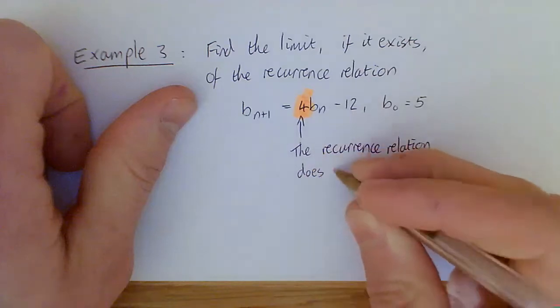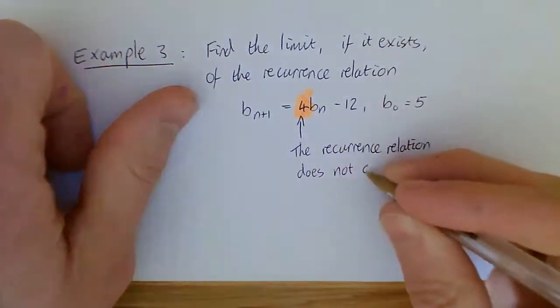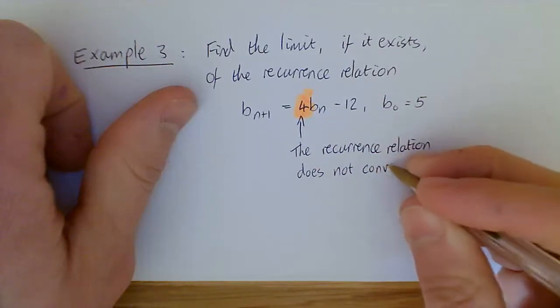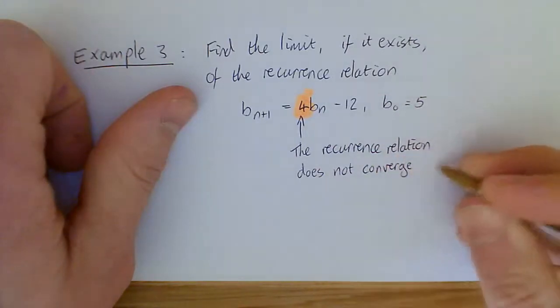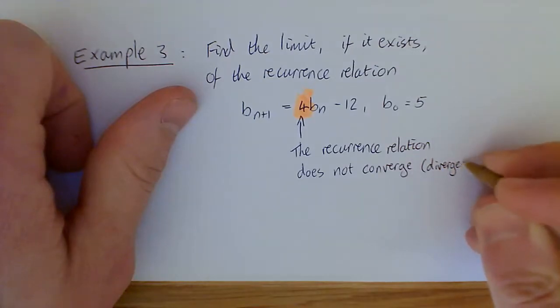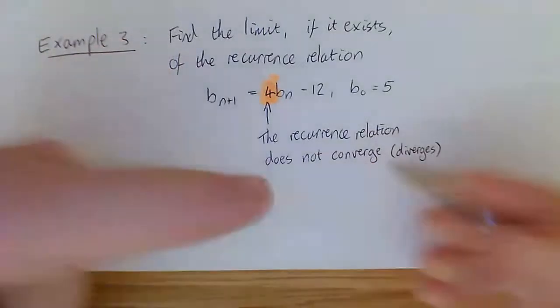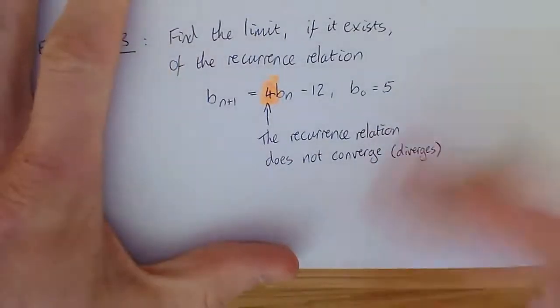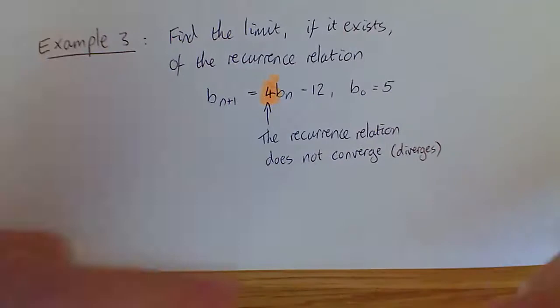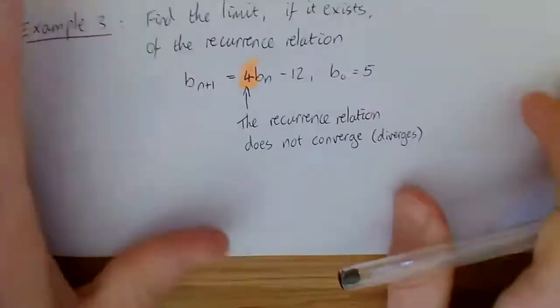So be careful. We need to always check that value. And the technical term for that in this case is diverges. There's a reason I've written does not converge. It could jump up and down between two values or get into a cycle, but diverges is a good word.